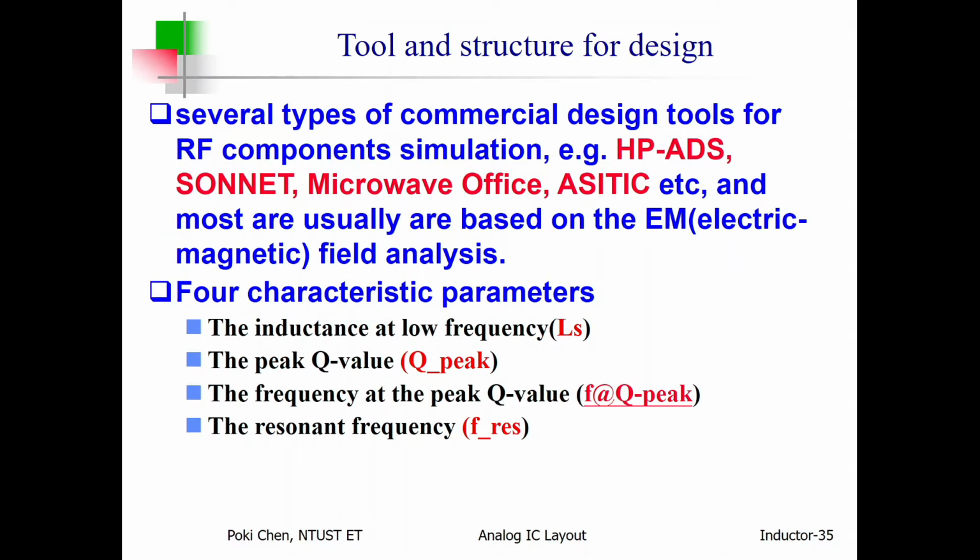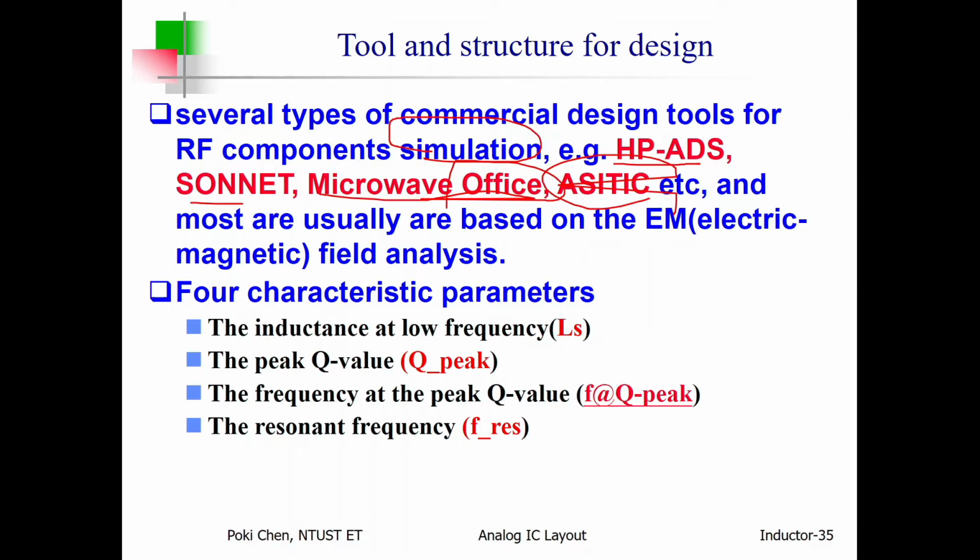So from the beginning, he would like to do some kind of simulation. Okay, and after simulation through such kind of commercial products, HP ADS, Sonnet, Microwave Office, along with a free software, ASITIC, to my memory provided by Berkeley Wireless Center, blah, blah, blah.